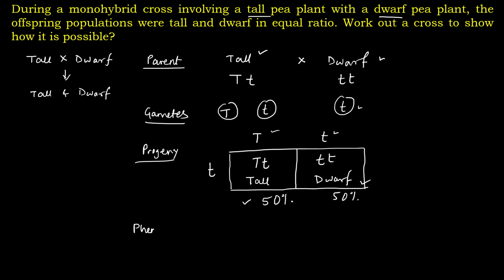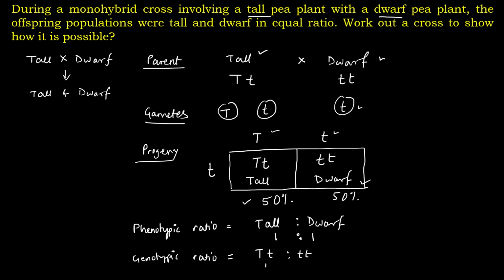The phenotypic ratio, tall and dwarf, is going to be 1:1, and similarly the genotypic ratio is capital T small t and small t small t in the ratio of 1:1 again. That is what we have to understand with this particular question.